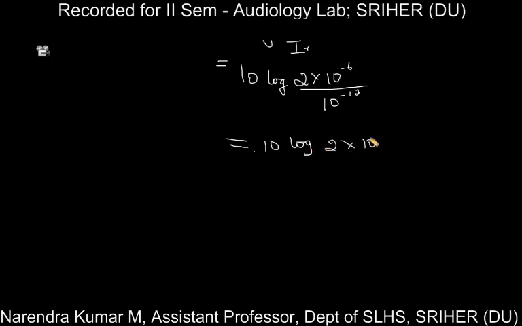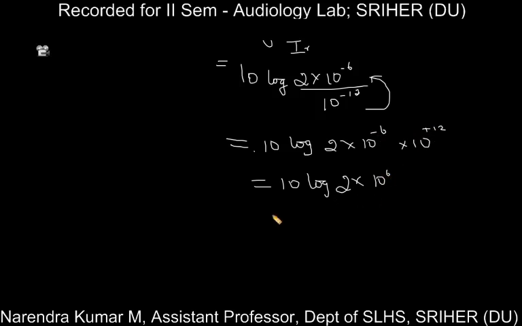When the denominator goes to the numerator, the minus 12 will become plus 12, 10 to the power plus 12, resulting in the equation 10 log 2 into 10 to the power 6.